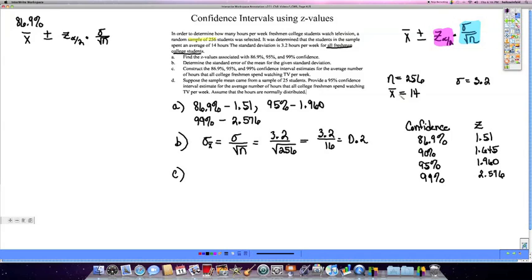So our sample mean is 14. And we are going to add and subtract the z-score for 86.9%, which is 1.51, times 0.2.